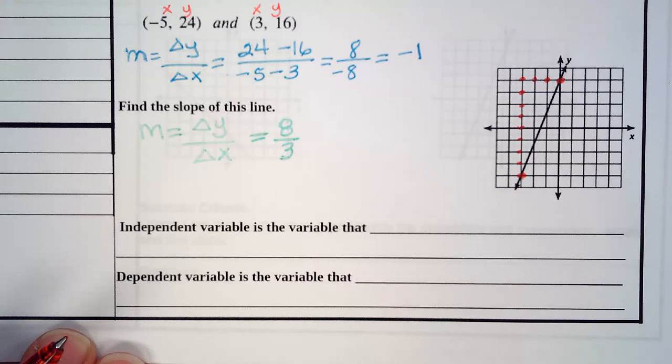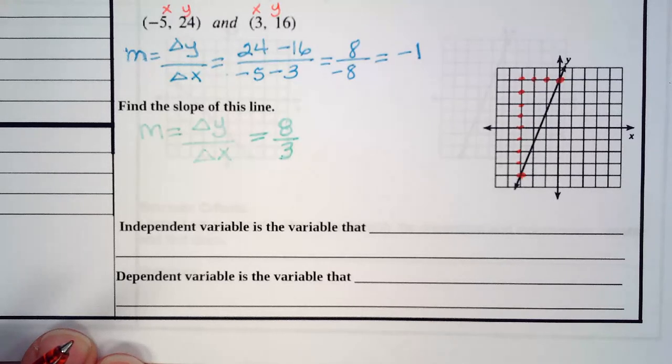So applying that to a variable, an independent variable is the input of a function, a variable whose value determines the value of the output or the dependent variable. So independent is your input.